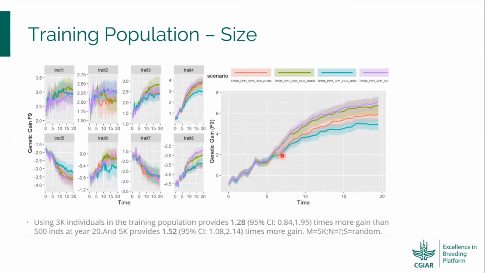But the difference is that when you have fewer records in your training model, the accuracy of the model is lower. So you can see that the genetic gain is lower when using only 500 records. Every year that we fed the model, we were taking the newest 500, the newest 1,000, the newest 3,000, the newest 5,000 records. And you can see that you start to get higher and higher.